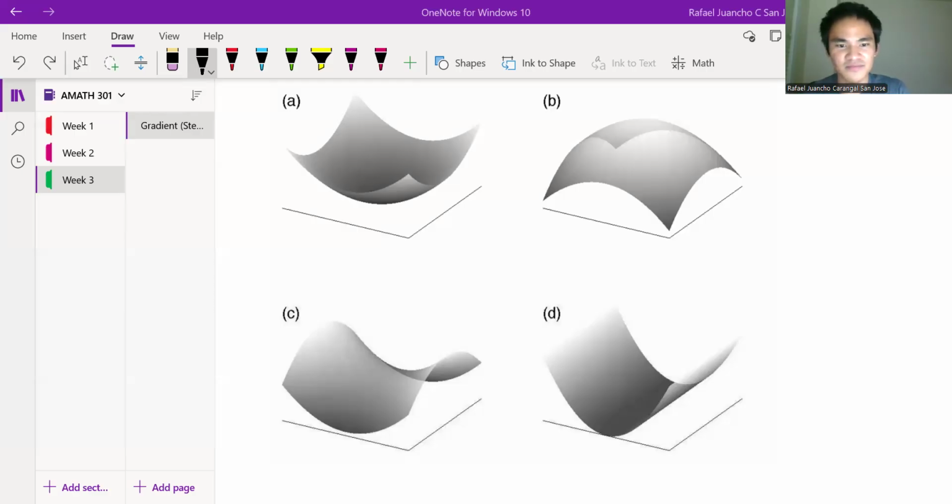Okay, a lot of stuff here, there's a lot of wording. Let me just go through some of them.